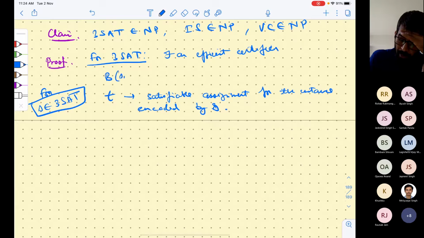It takes all the values in T and puts them in S and checks the clauses, whether S is satisfied by T.